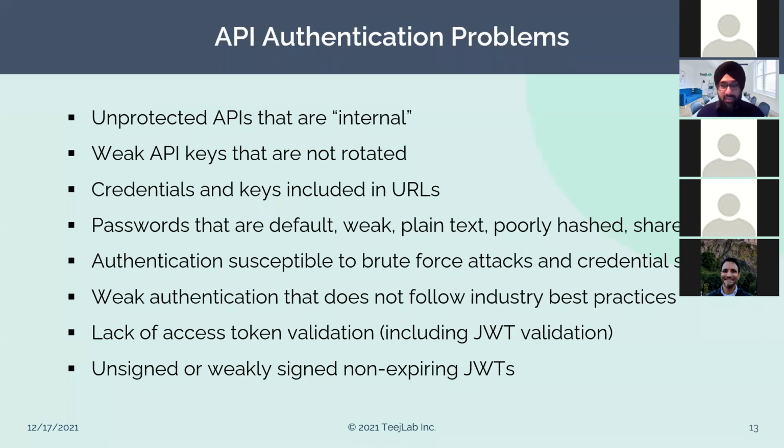Once again, just for the sake of completeness, let me explain what kind of authentication problems we are seeing. Once again, with all due respect, you guys are the experts at OWASP. But when we did this investigation, we found many APIs without authentication. So the first thing we want to check is, is there any protection on this API? We even found cases where certain APIs had, let's say, API key-based authentication mechanisms, but their API keys were weak.